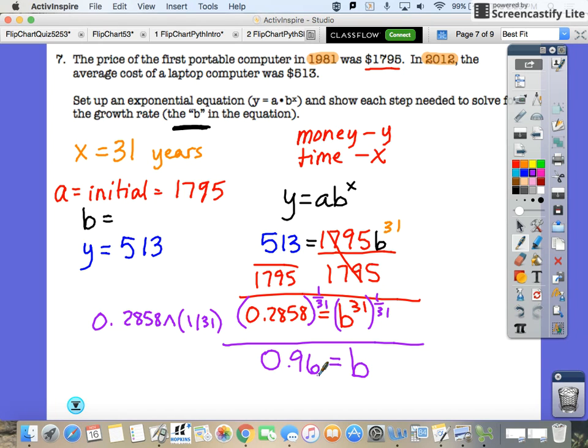So you only maintain 96% of the cost each year. That means we lose 4%. The cost of a computer is decreasing, and our ratio is 0.96. That means we lost the other 4%.